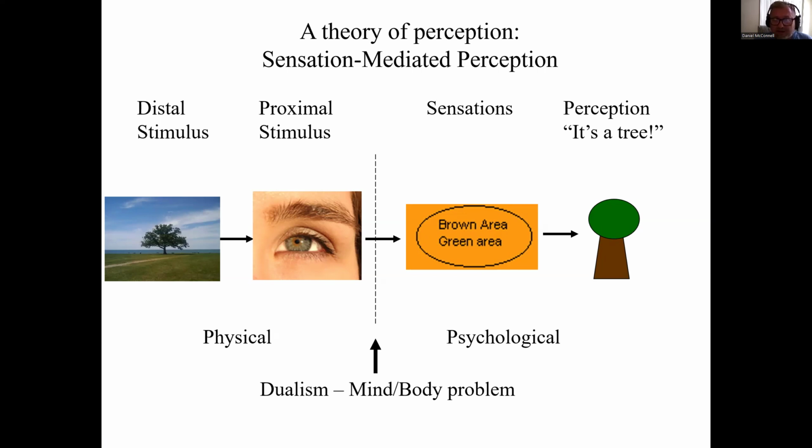In this case, that light reflecting from the tree is activating photoreceptors inside of our eyes. And so this is our proximal stimulus. But again, the proximal stimulus is not a tree either, right? It is simply just light rays impacting the receptor surface and causing a stimulation of those receptors.